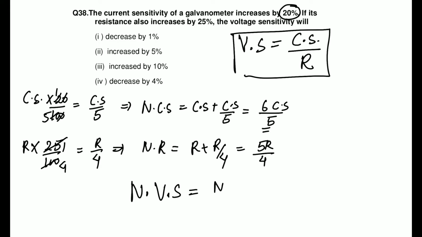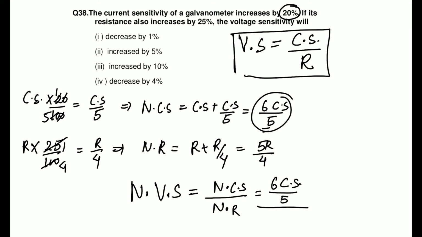New voltage sensitivity will be new current sensitivity divided by new resistance. Yes or no? So new one has a value of 6 CS upon 5 divided by the new resistance. New resistance will be 5 R upon 4. Yes or no? So this is 6 CS upon 5 multiplied by 4 upon 5 R, right?